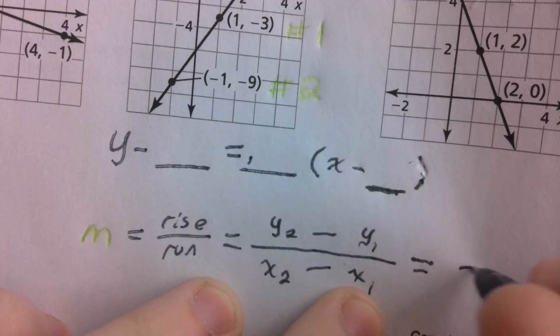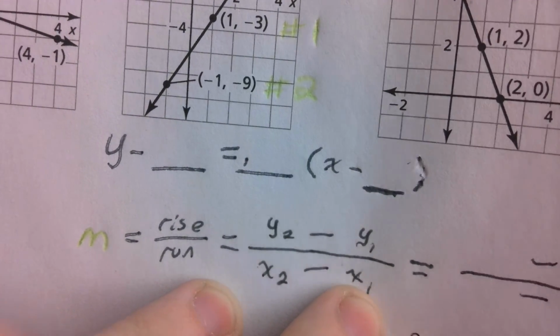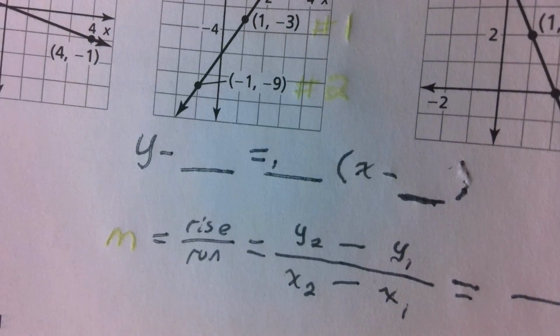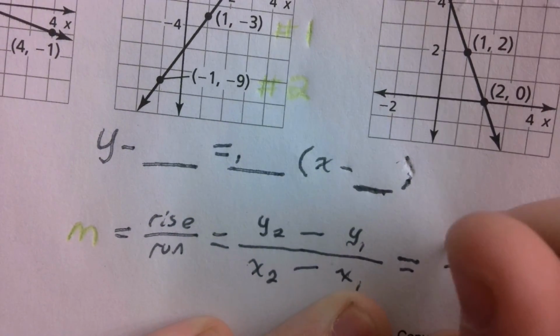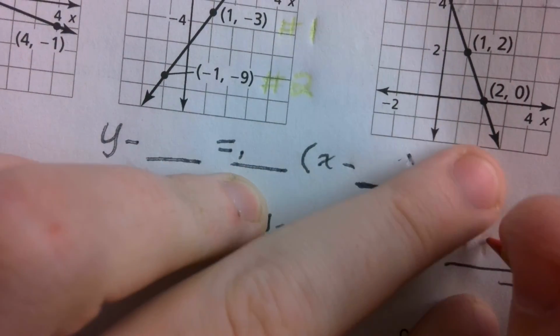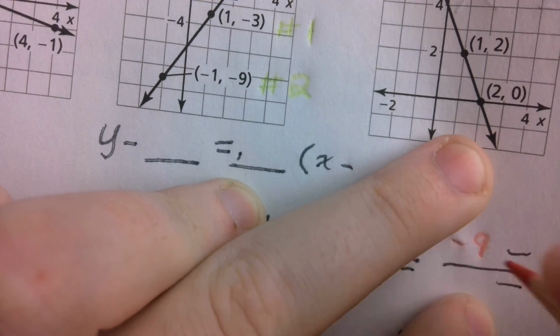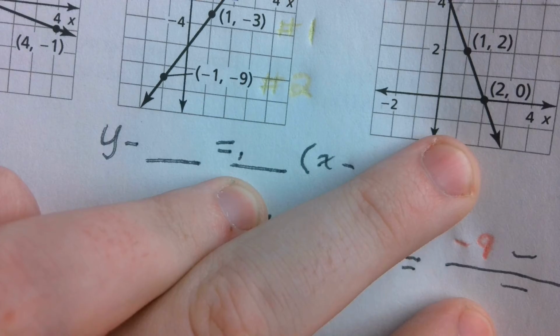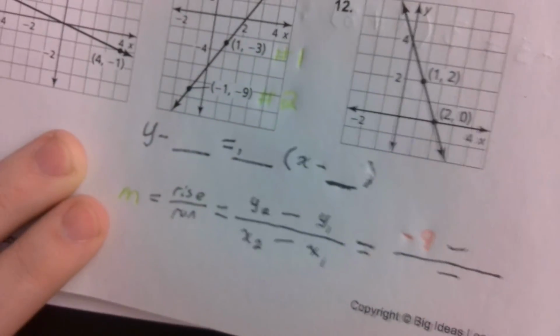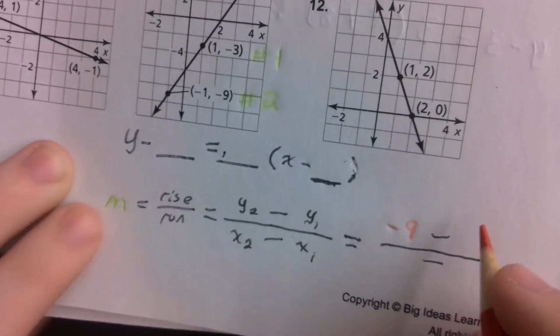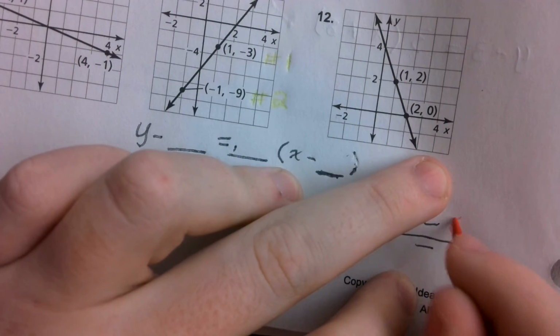Well, the y value of point number 2 is the second number in point number 2. That's negative 9. So y2 is negative 9. What's y1, the y value of point number 1? Well, it's the second number of point number 1, which is negative 3. So we have negative 3.